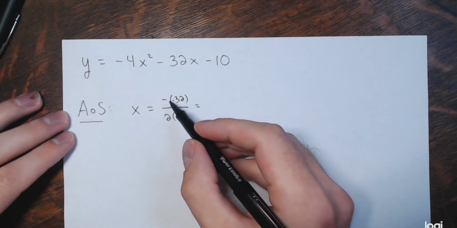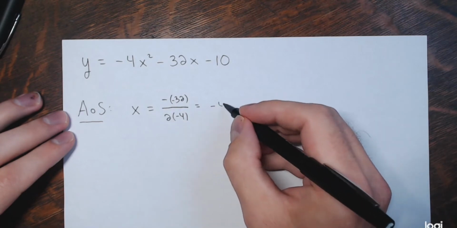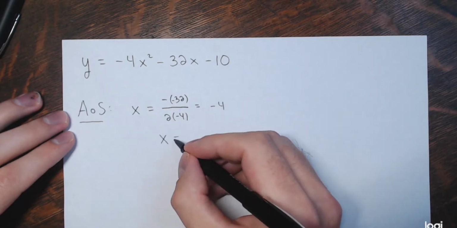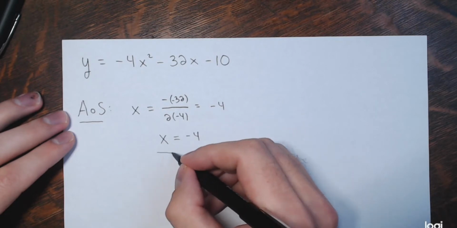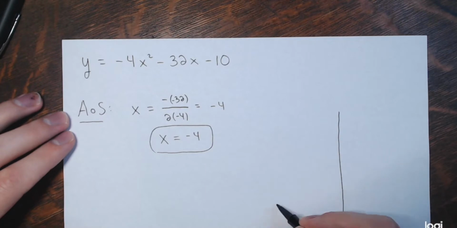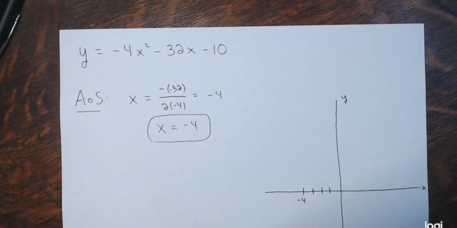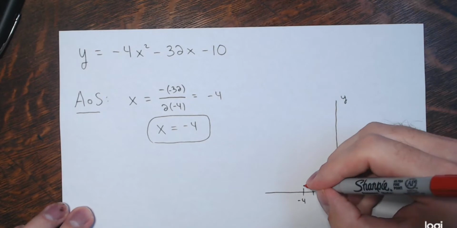So this would be 32 divided by negative 8, that'd be negative 4. Right? So x equals negative 4 is our axis of symmetry, and I'll draw this. Just a rough hand sketch here. So there's x equals negative 4, and I'll draw that little dotted vertical line.